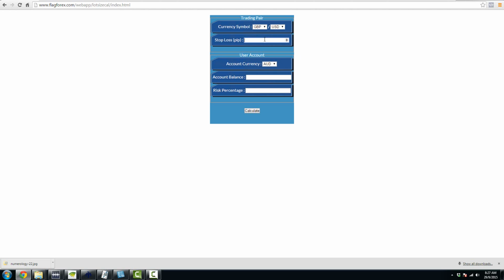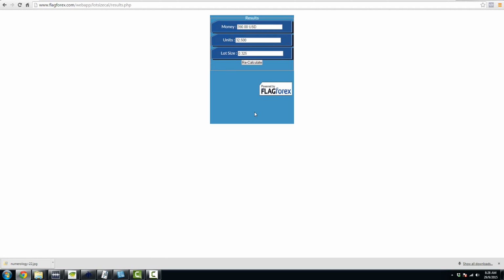For this particular trade, I'm willing to risk about 120 pips. My account is currently in USD, and the balance is about 30,000. If I'm willing to risk about 1.3% for this particular pair and you press the calculate button, it will tell you how many units to key in.